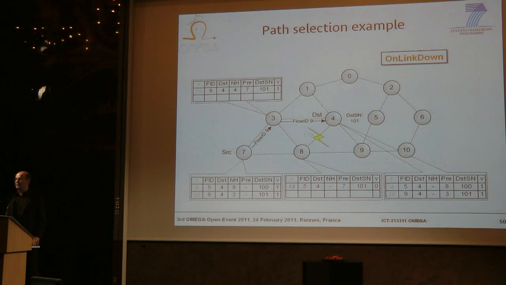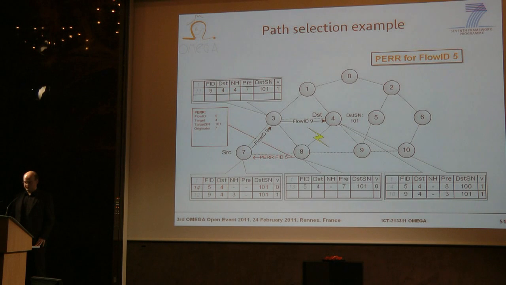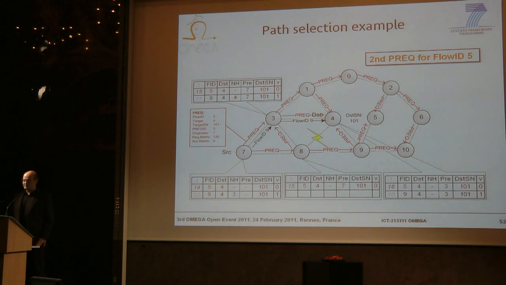Now imagine that a link break happens between 8 and 4. Now, of course, 8 detects that this link is broken and sends out a path error to its predecessor, and in this case it is already the source. So, path error for flow ID 5. Now, 7 again has to find a new path to the destination node, and for this it floods the network with path requests again.